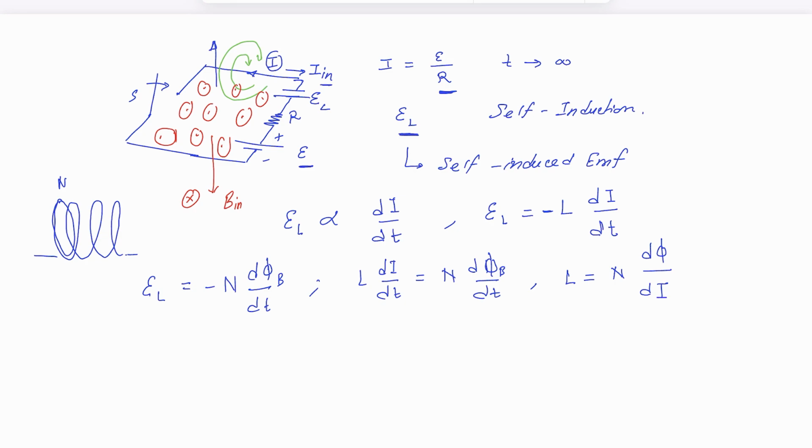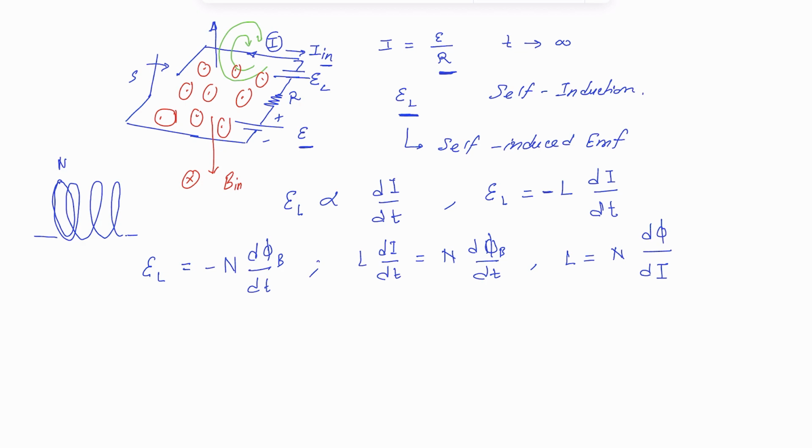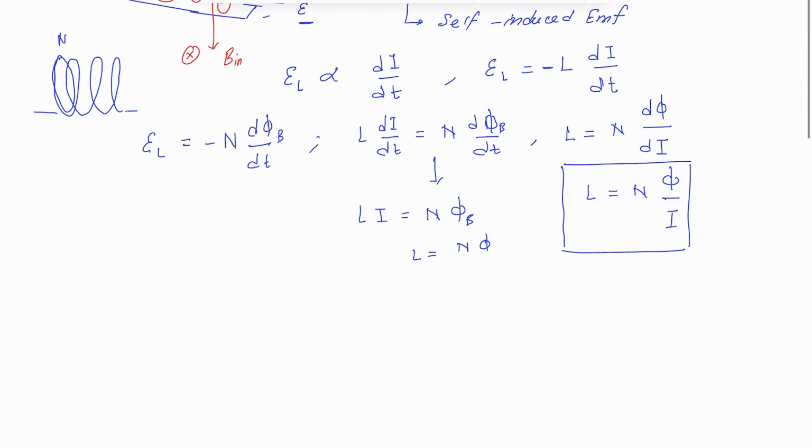Alright, and this is also true if, instead of change in flux and change in current, you just write down the total flux divided by total current, then this gives you the formula for inductance. Actually, going this way is a little bit confusing, so you can just think of integrating this equation so that you get Li equals N phi, or L equals N phi B over I.